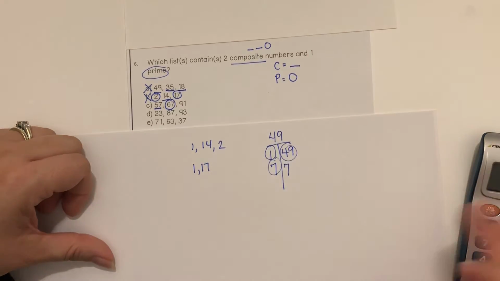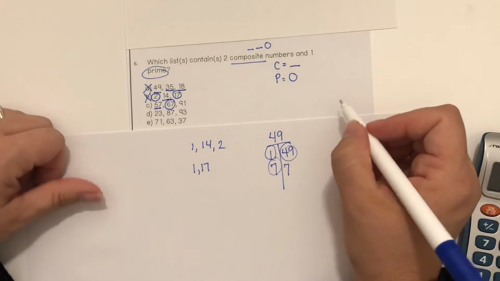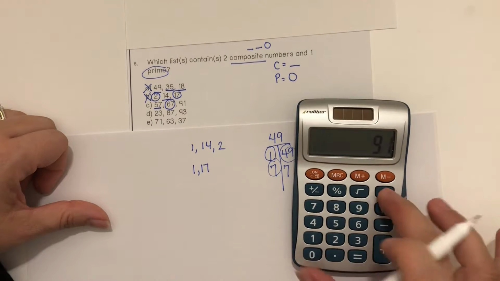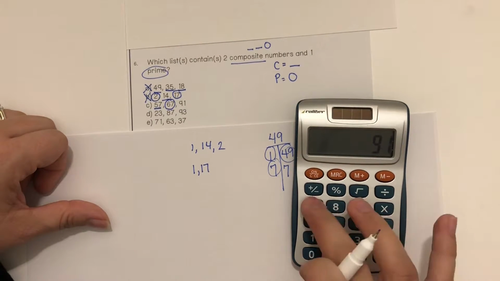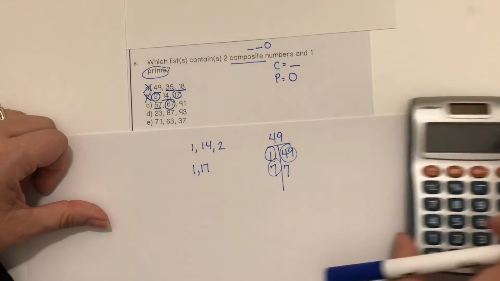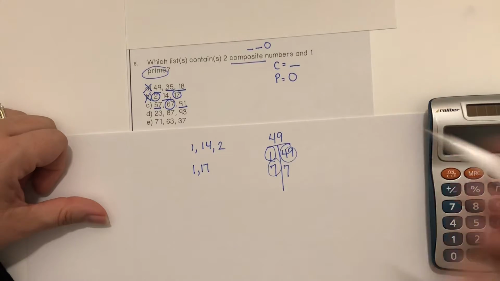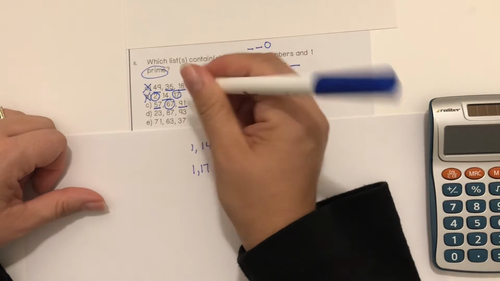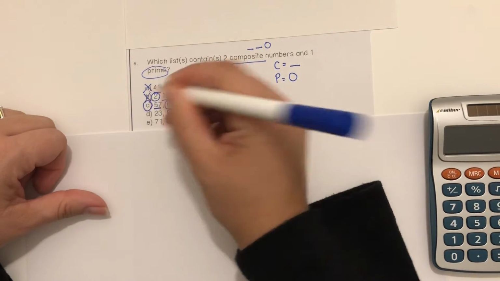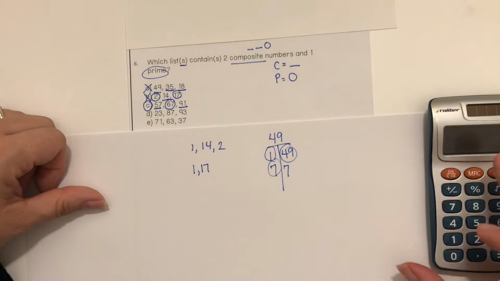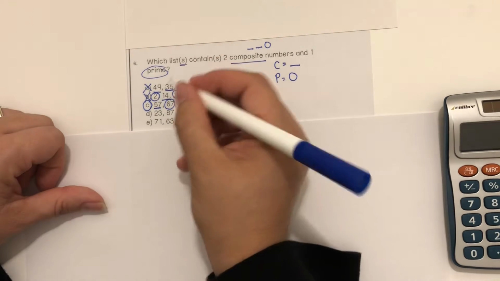And then 91 is one of the ones that likes to trick us because we get all the way to 91 divided by 7 before we find its third factor. So 91 divided by 7 is 13. So this is actually composite. So there's our first answer. We have 2 composites and a prime number. So C is one option, but look, there's an S. So that means that there might be more than one. So we have to go to the next one.